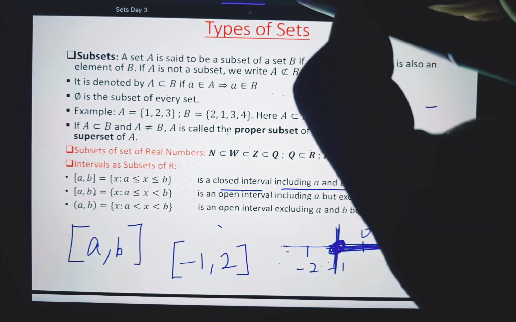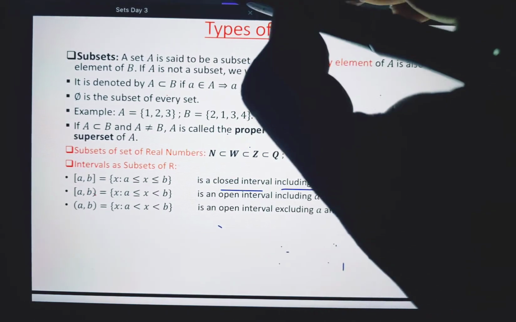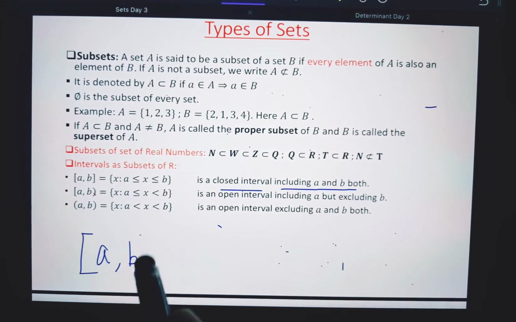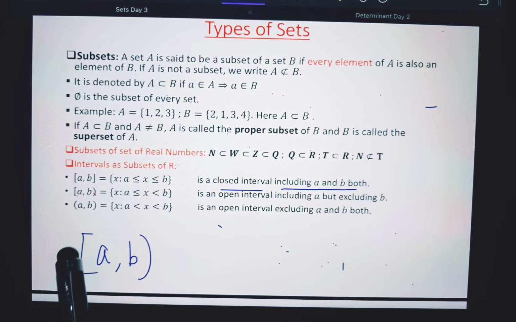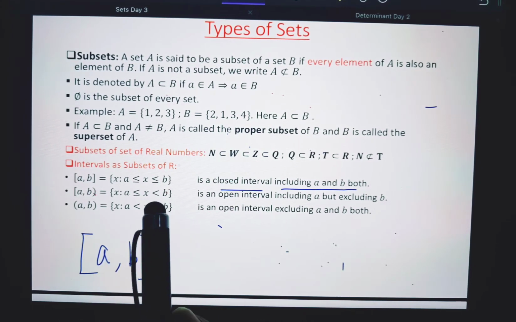Now let's move on to the next portion. Now the next portion says what? It is a closed bracket on one side but a first bracket on the other side. First bracket means open bracket. You see here it's written as x is greater than or equal to a, equal to a, why? Because it's a closed bracket. Now there is no equal to sign, so x is just less than b.